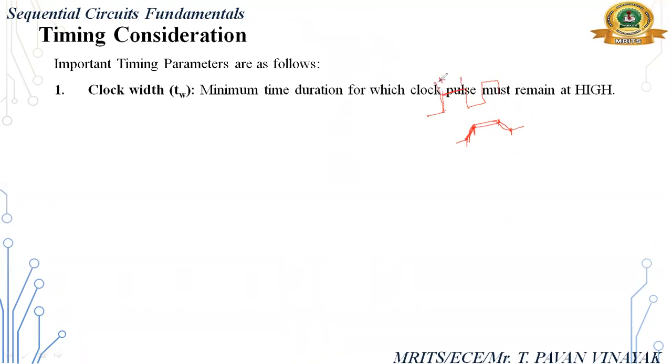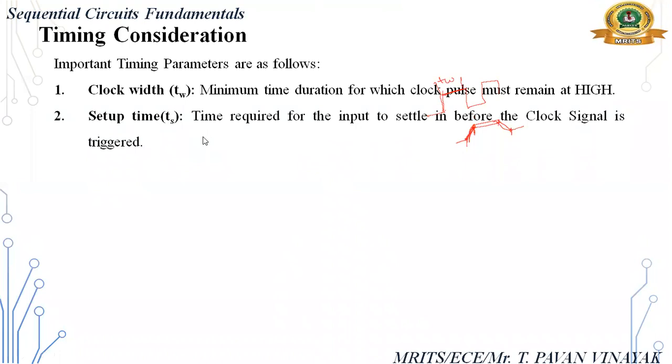This one is TW, minimum time duration. Next, setup time: the time required for input to settle in before the clock signal is triggered. Clock signal will be activated at which time? Suppose I am taking edge triggering.